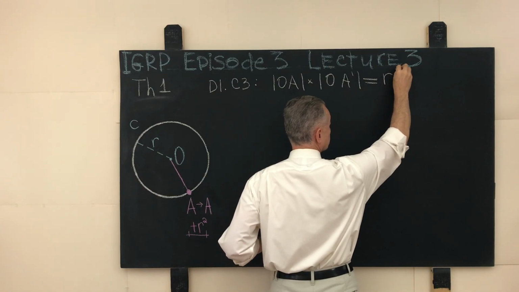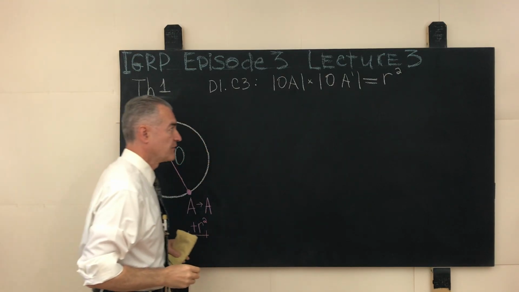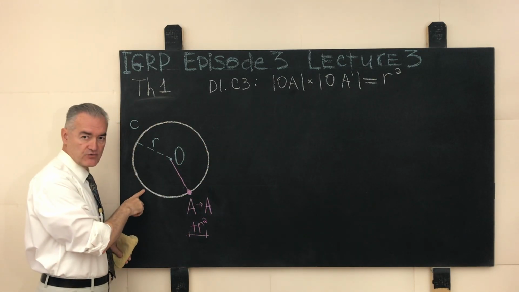Their product is equal to r squared, where r is the radius of the circle of inversion.